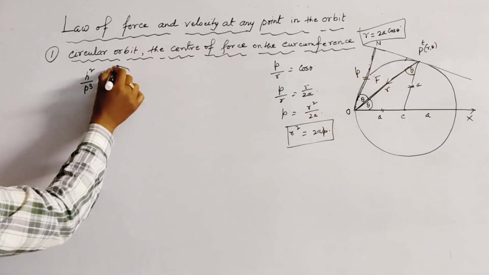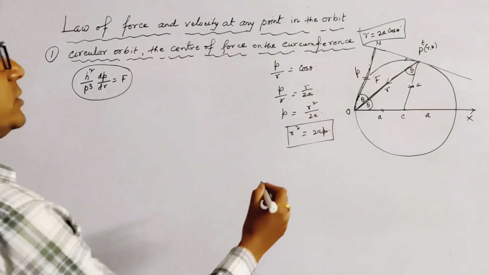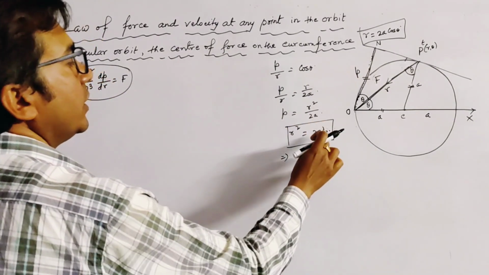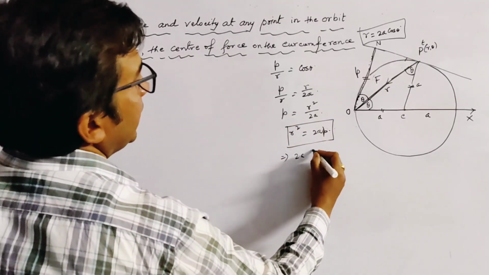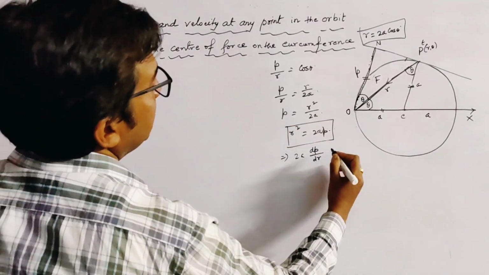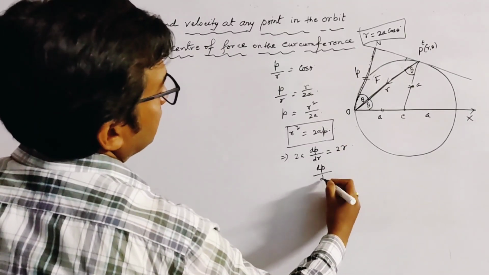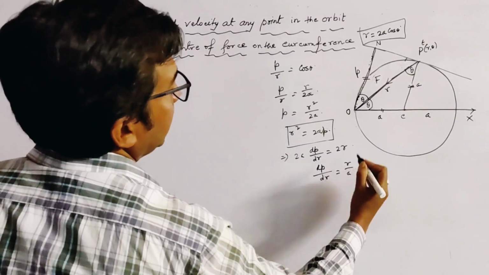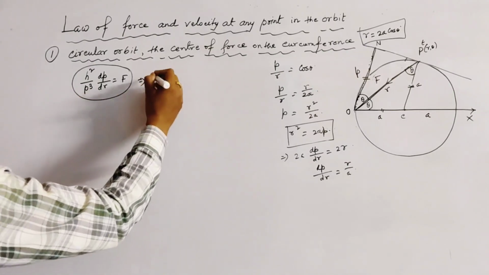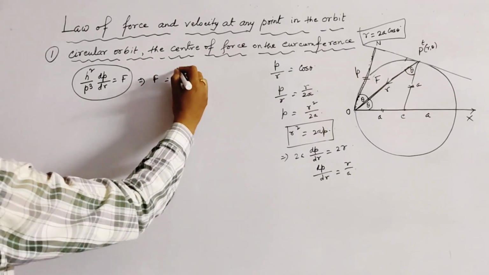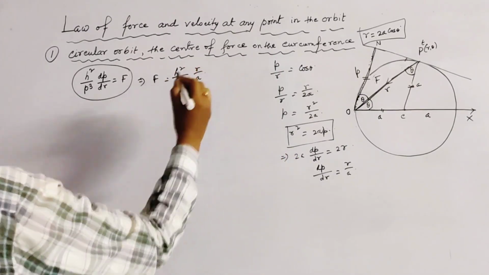Now we have to find the force F. We differentiate p with respect to r, and we get 2a dp/dr equal to 2r, that is dp/dr equal to r by a, right? And we put here the value of dp/dr and we get F equal to h square by p cube into r by a.